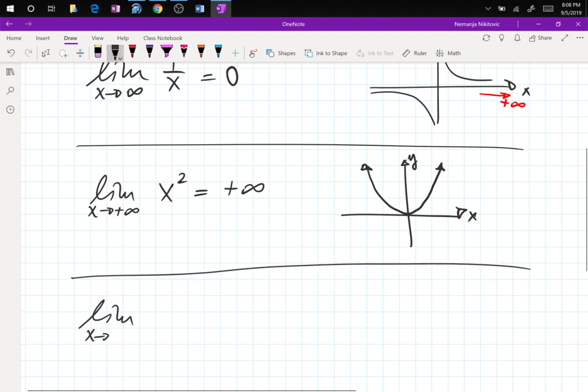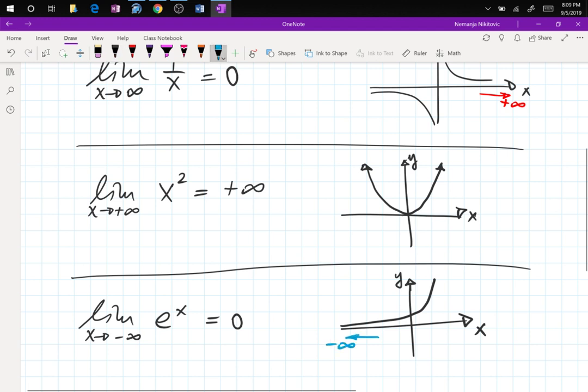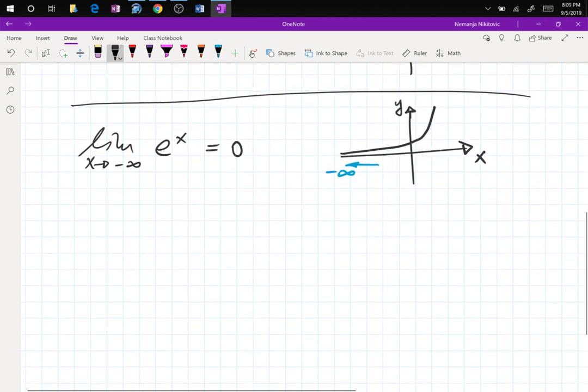Limit as x goes to negative infinity for e to the x. Zero, very good. Because to go to negative infinity on x, you are going to the left, and you see that the y value diminishes down to 0.